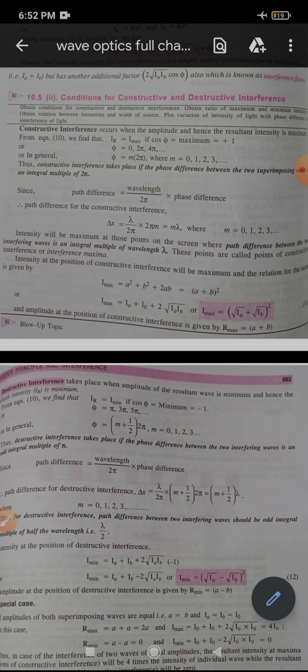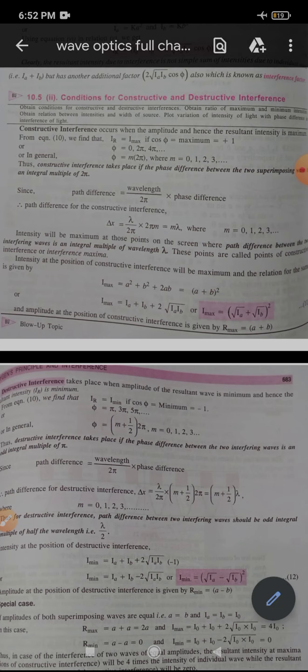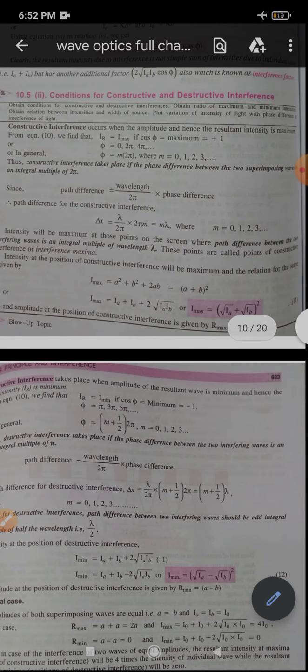In destructive interference, when we add two or more waves out of phase, the resultant intensity will be reduced. The conditions for constructive and destructive interference are as follows. Constructive interference occurs when the amplitude and hence the resultant intensity is maximum.